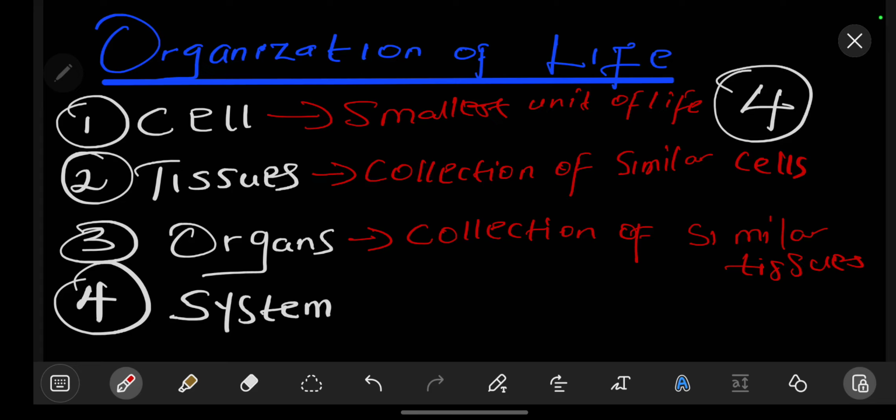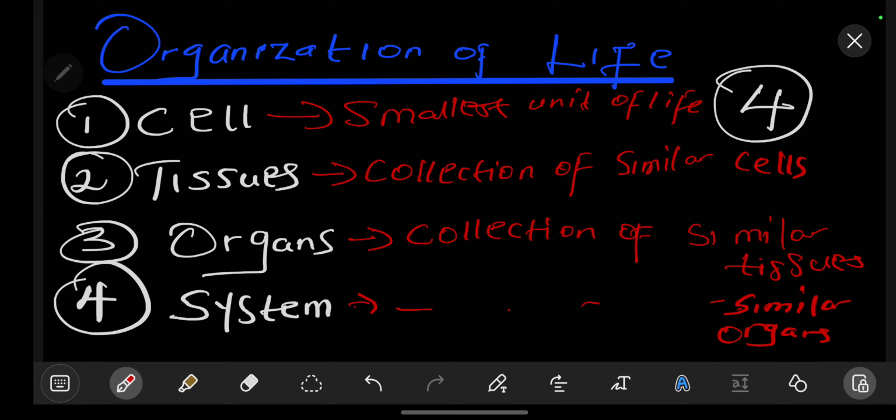So here we have tissues, a collection of similar cells. Then we had organs, which became the collection of similar tissues. And of course, I believe you can guess what systems are. System here is a collection of similar organs. So this is basically what you have to understand.